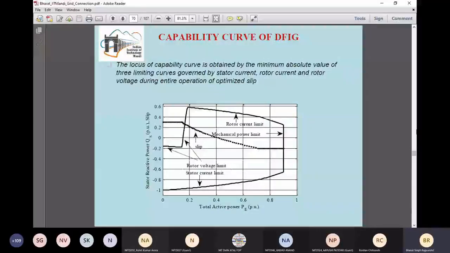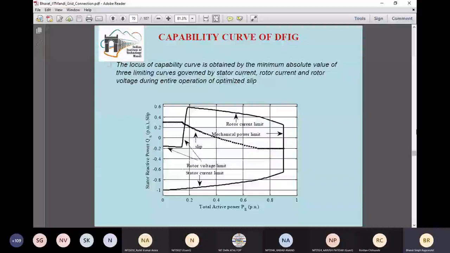So for a low value of slip, the doubly-fed induction generator is not able to generate reactive power. Why this limit is coming is due to the rating of the rotor voltage limit or the winding limits. It means there is a problem here because the DFIG is not able to operate properly.